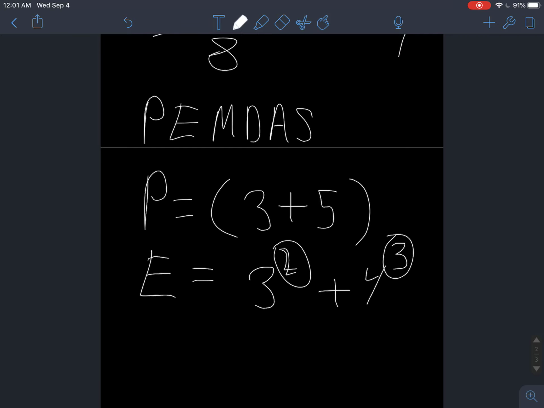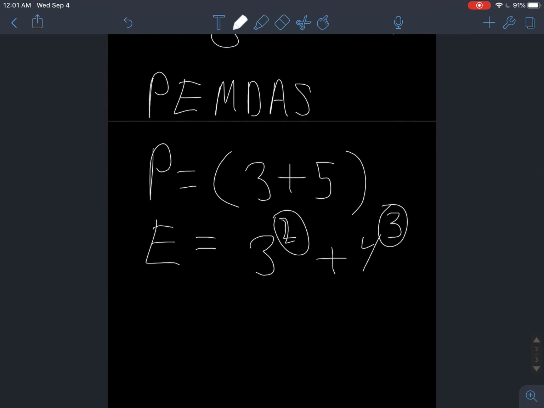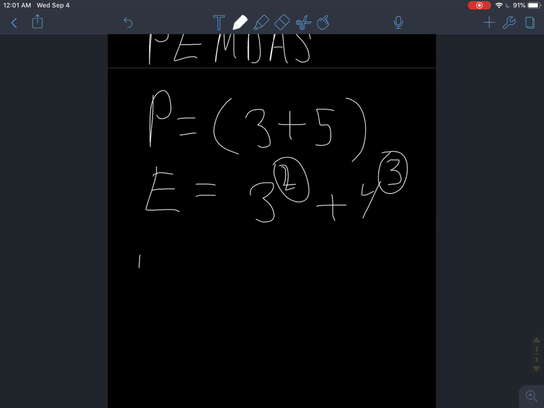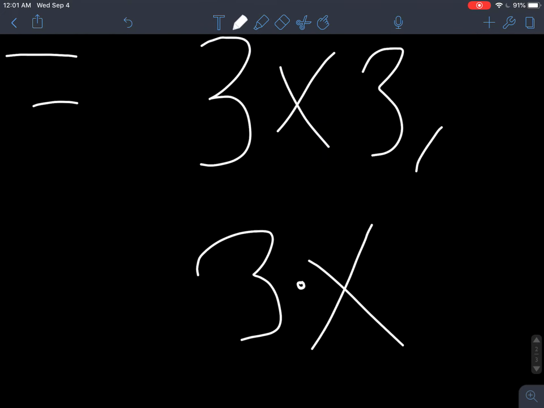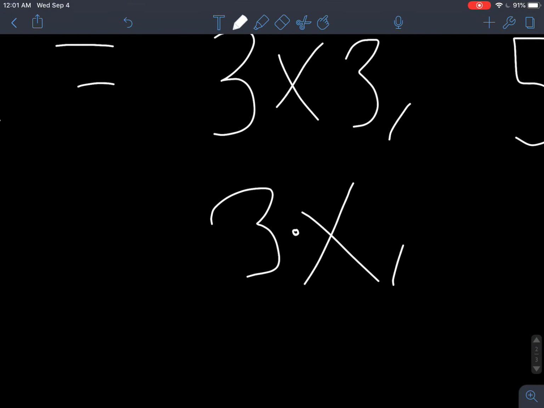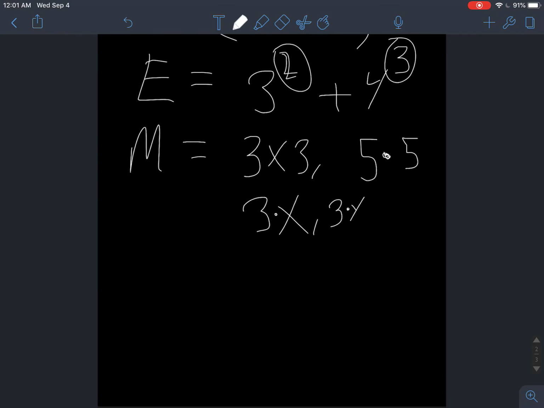These are exponents, okay? M is multiplication, like 3 times 3, or 5 times 5. Most of the time they're gonna stop putting the times sign. They'll put like 3x. When you have 3x, there's actually a multiplication there. If you have 3y, they're being multiplied.